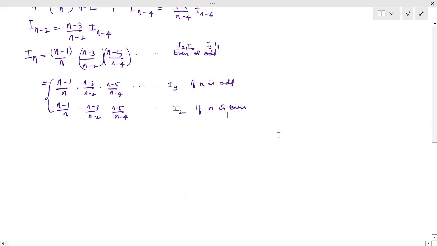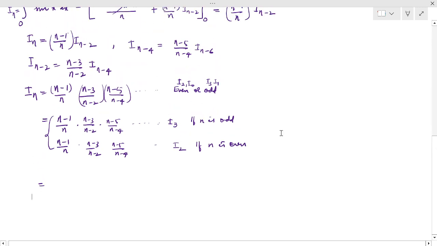Now, look carefully. Let us calculate what is I3. Substitute n equal to 3 in this equation. So I3 is equal to (3 minus 1), 2 divided by 3, into I1.